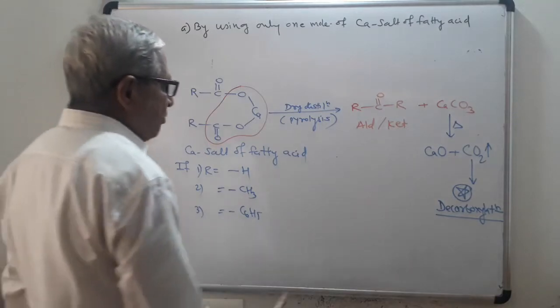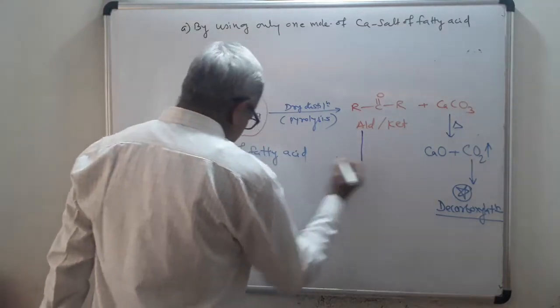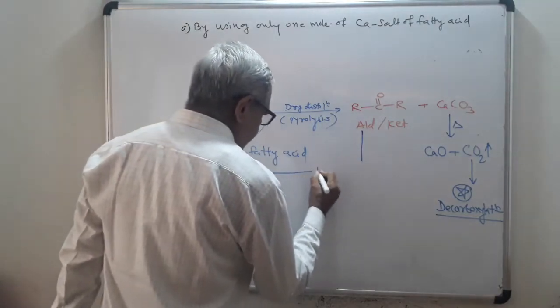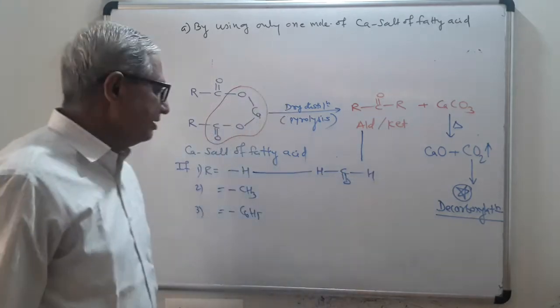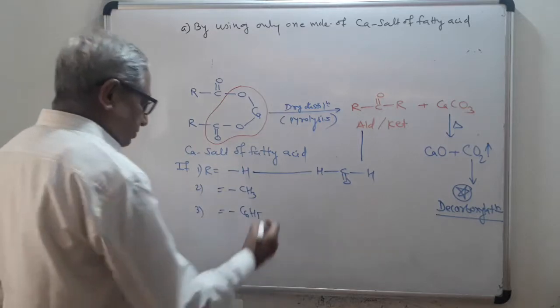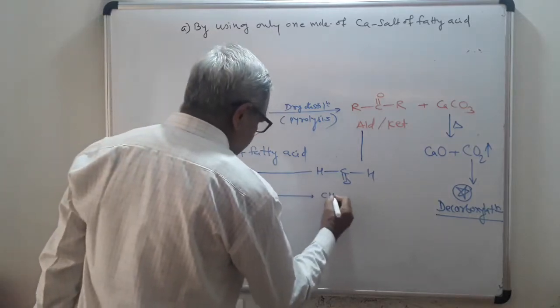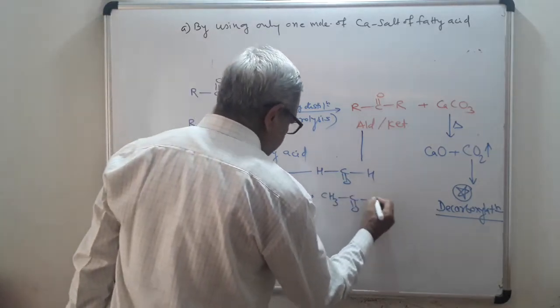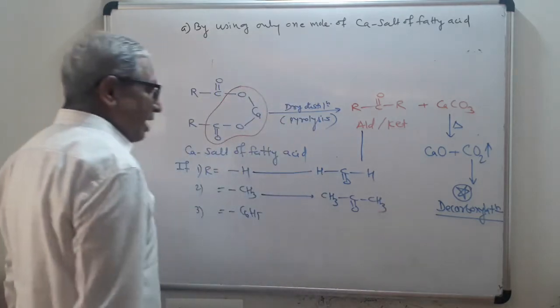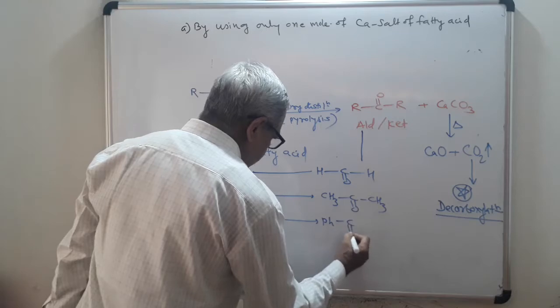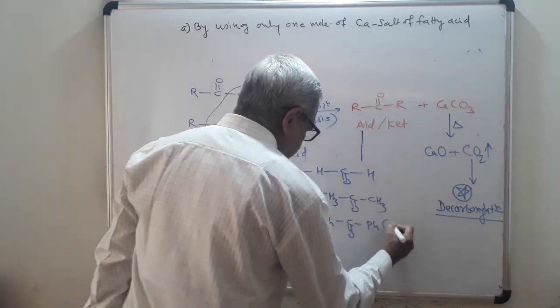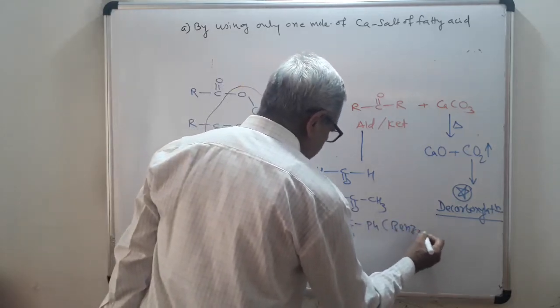I will prove here why it is a ketone. Now see here, when R is equal to H, you will get formaldehyde. If R is equal to CH3, you will get acetone. If R is equal to C6H5, you will get Ph, C double bond O, Ph.